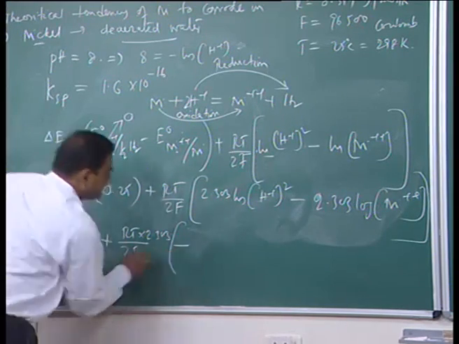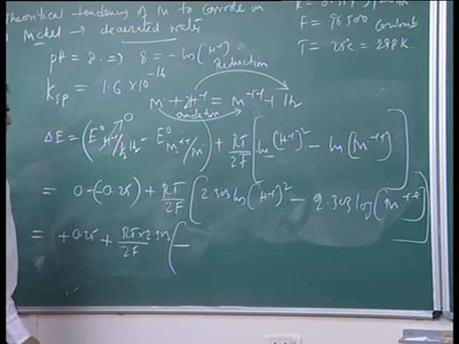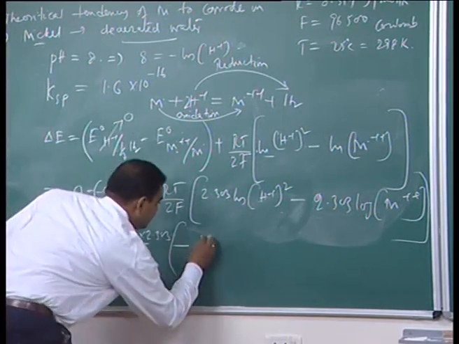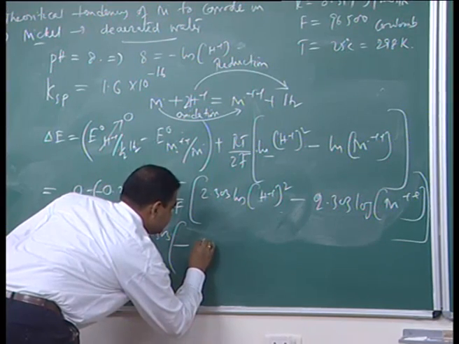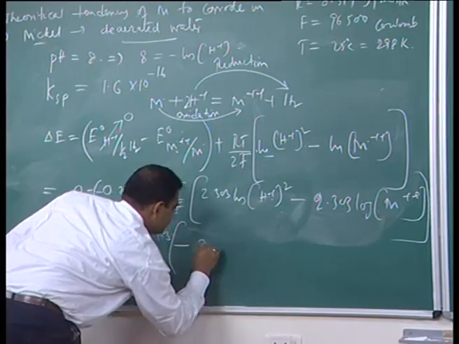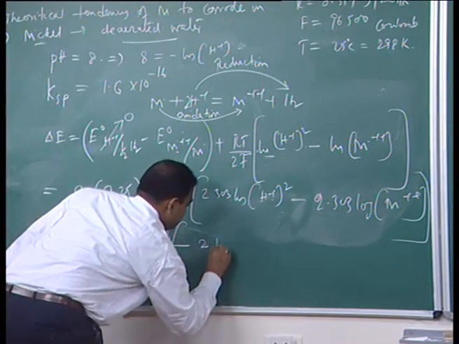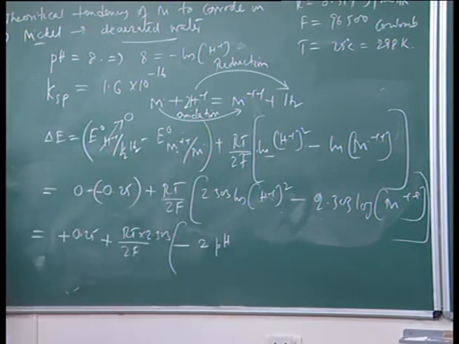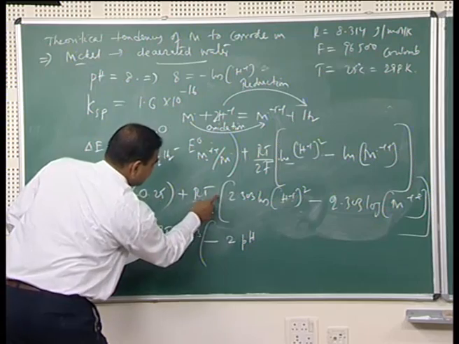I can put a minus sign and replace it with pH, so 2 into pH, because I have taken the minus sign out.